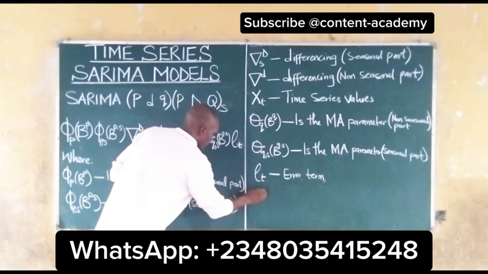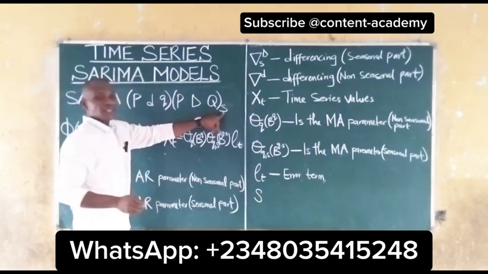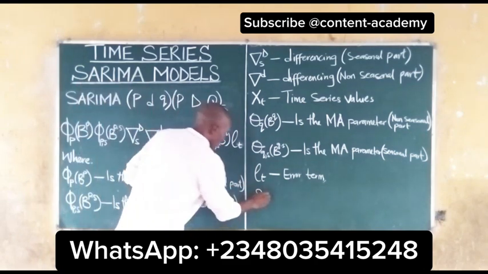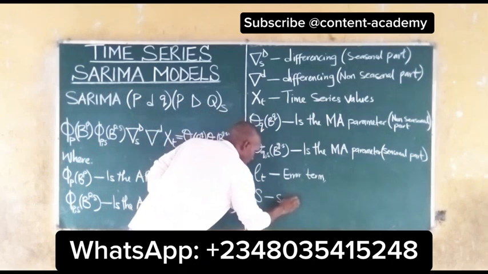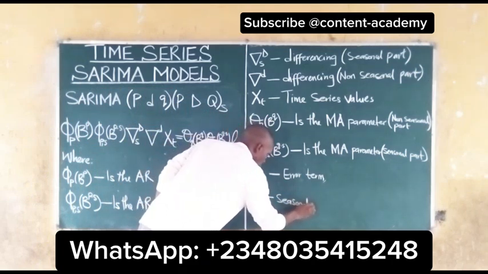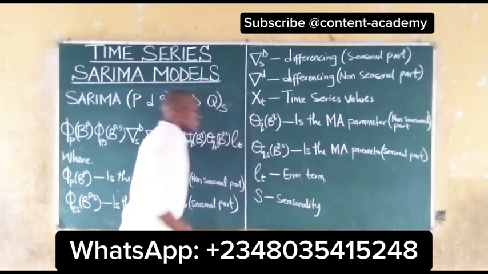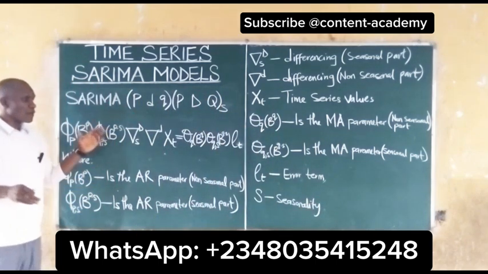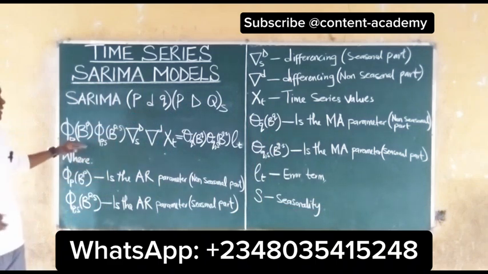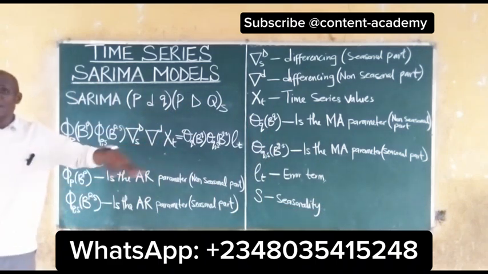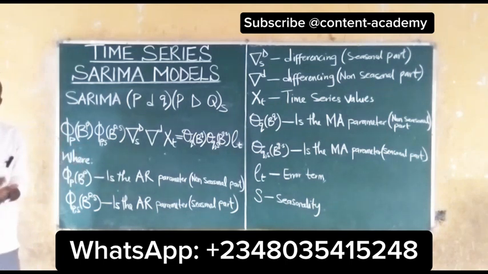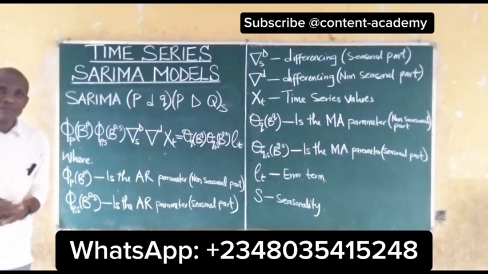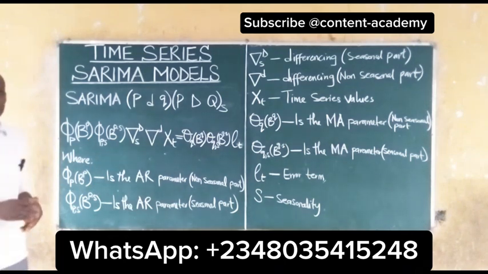Then we have S. This S means seasonality. So it is the seasonality of the model. So we have succeeded in defining all of these parameters. And I'll also show you how they are being used when computing.